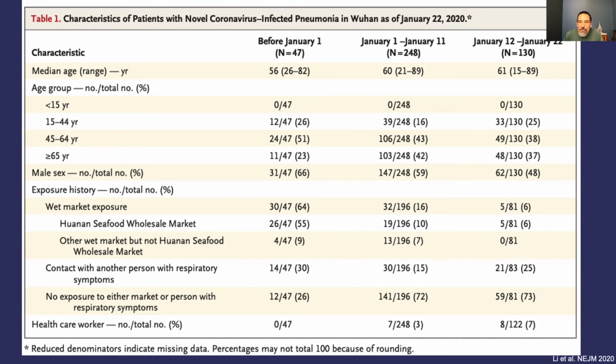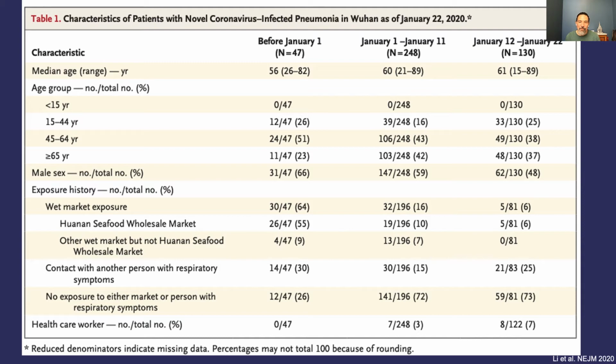So the investigators go on to describe the characteristics of these 425 Wuhan novel coronavirus infected pneumonia cases. Overall, the median age was 59 years, about 56% were male. And prior to January 1st, you can see 55% of the cases were linked to the Huanan wholesale seafood market, compared with only 8.6% of cases thereafter.